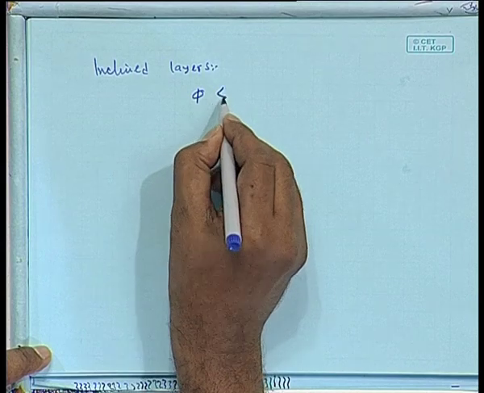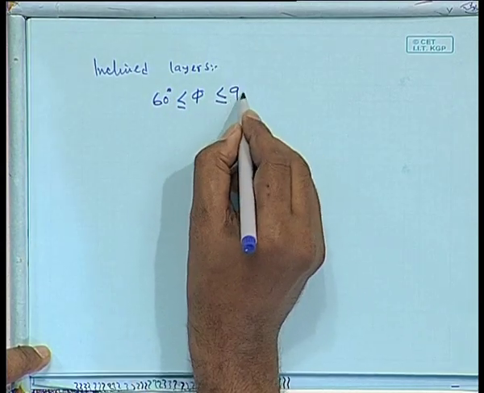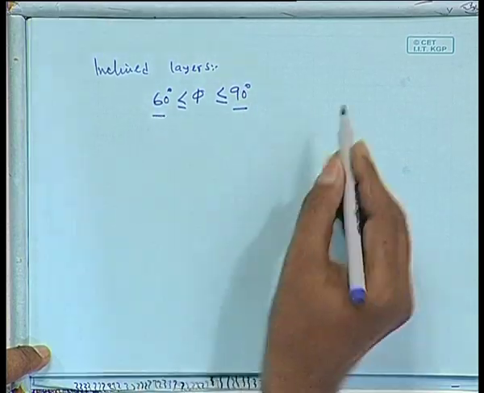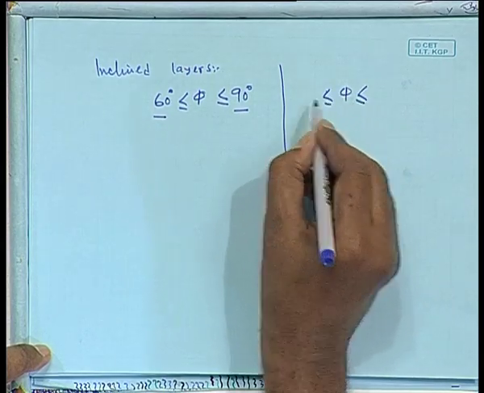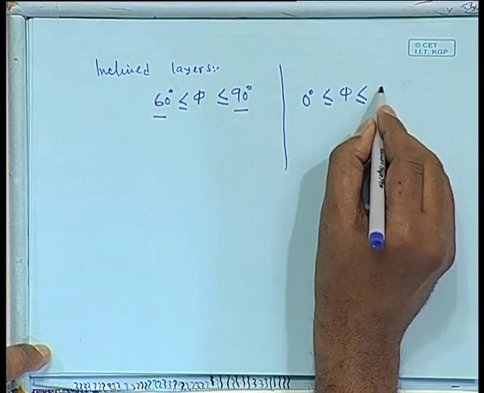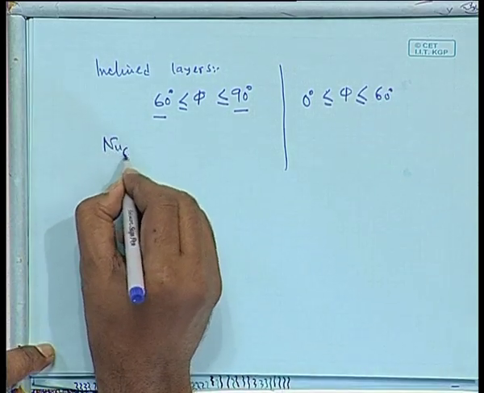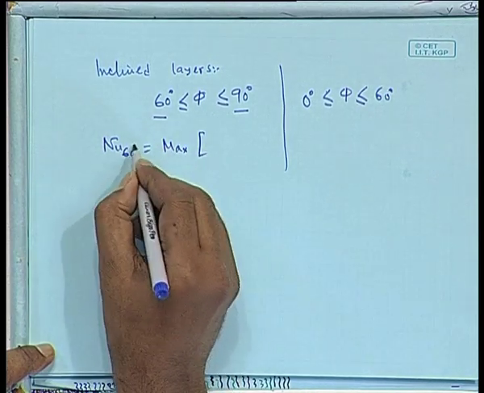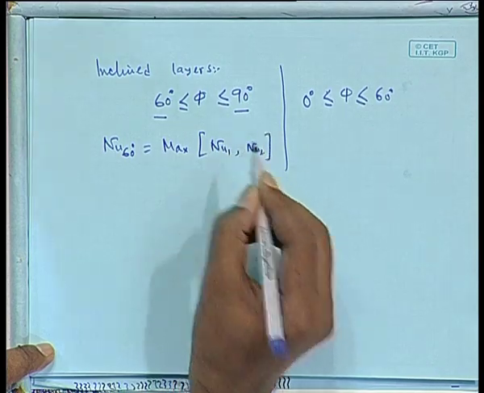Now, for inclined layers, there are correlations available for between 60 degree and 90 degree. 90 degree means it is vertical, okay, and there are correlations available for phi lying between 0 degree and 60 degree. Again, NU60 is given as the maximum of NU1 and NU2.